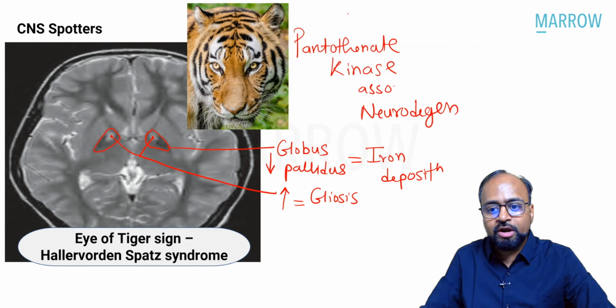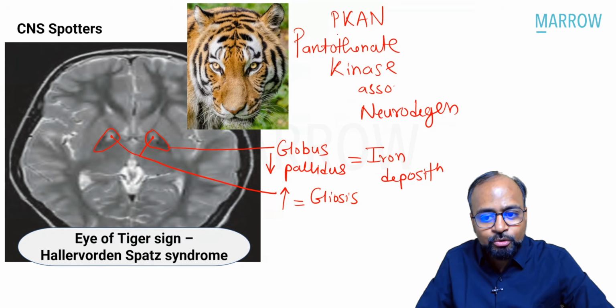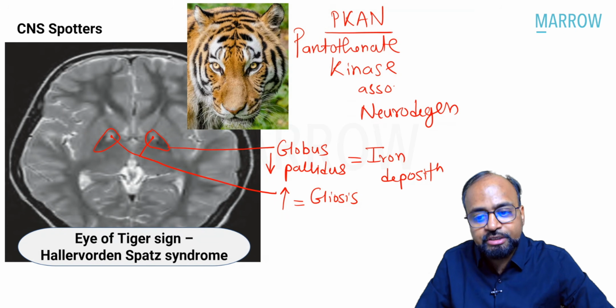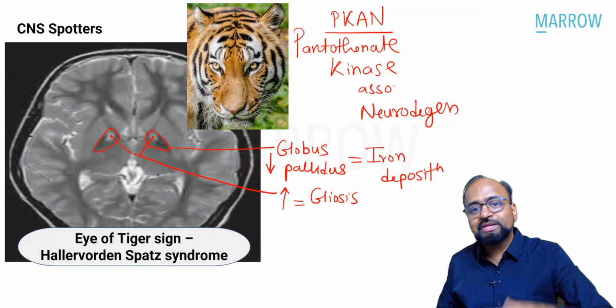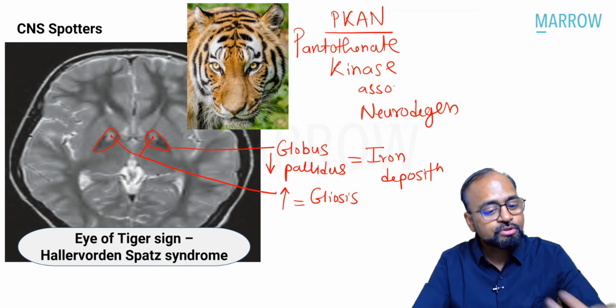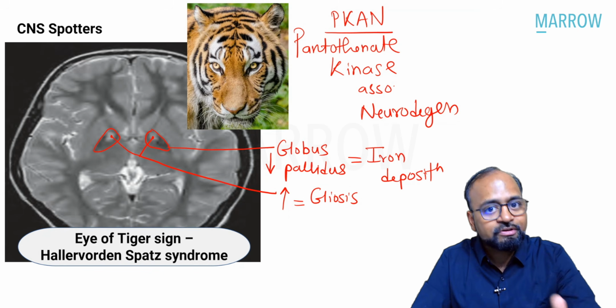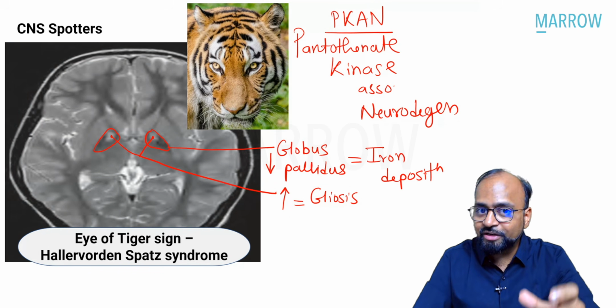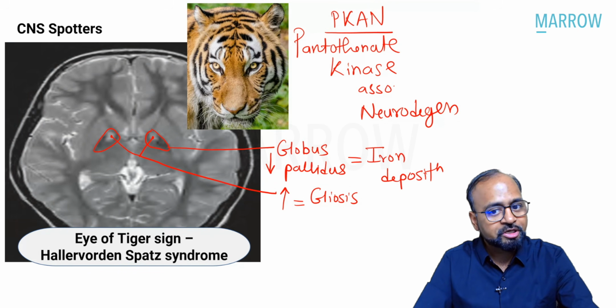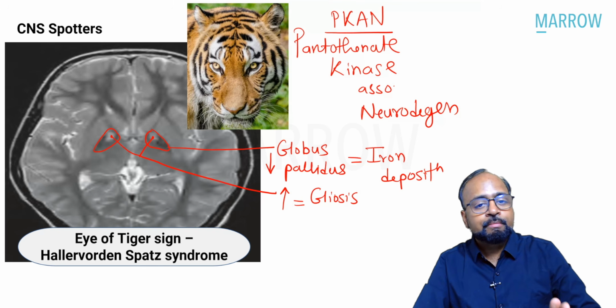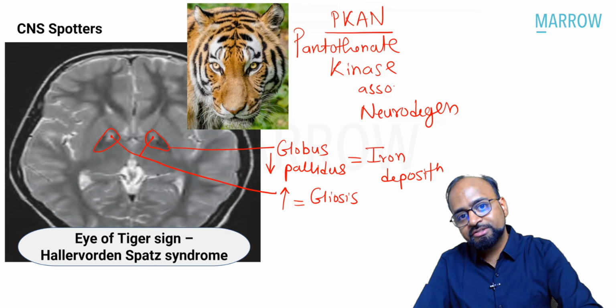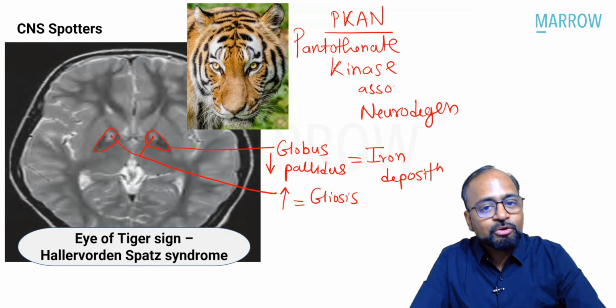So this is also called PKAN, pantothenate kinase associated neurodegeneration or pantothenate kinase deficiency. So this is a feature which gives rise to neurological signs and symptoms along with a typical eye of the tiger sign. What is that? We have just seen that on T2-weighted MRI. So this is Hallervorden-Spatz syndrome disease or pantothenate kinase associated neurodegeneration.